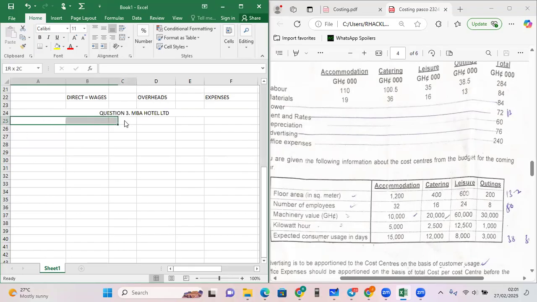So today we have particulars, we have basis of apportionment.